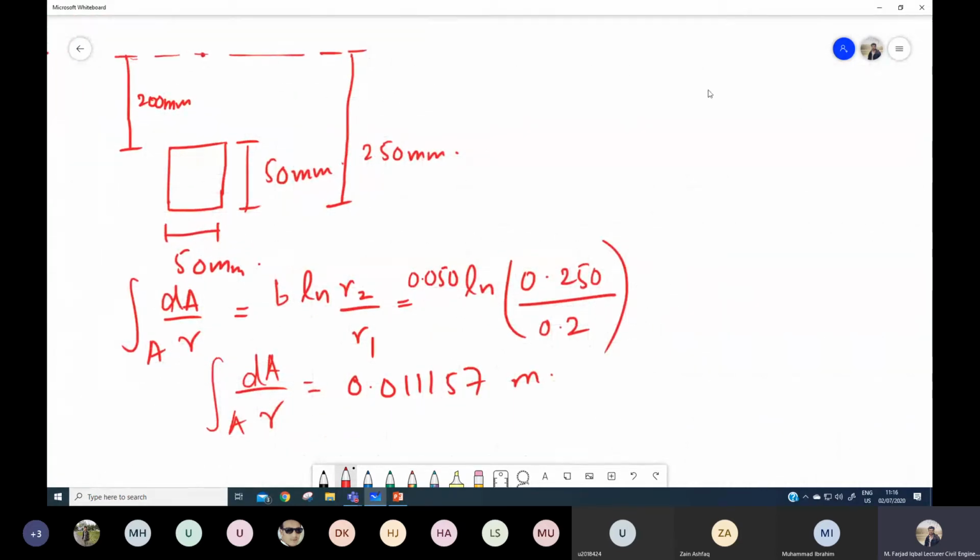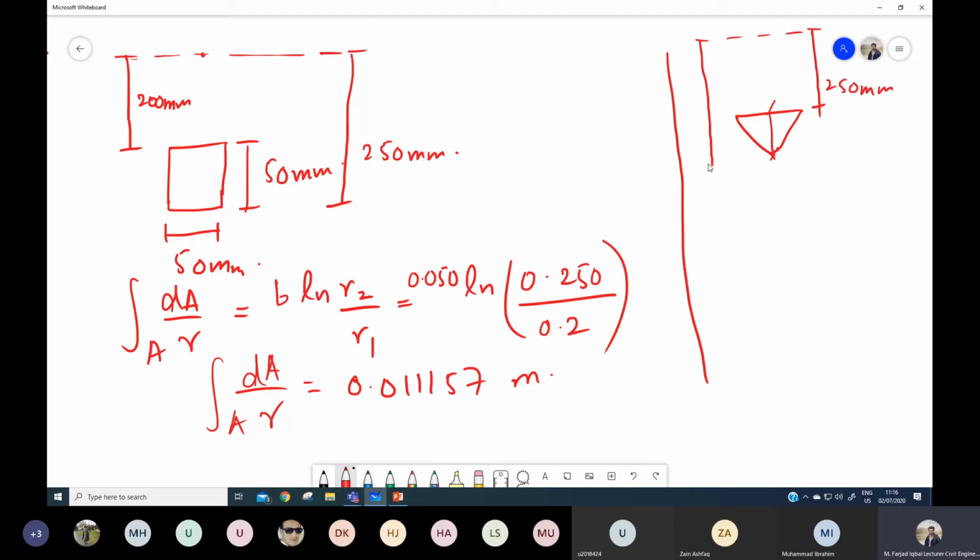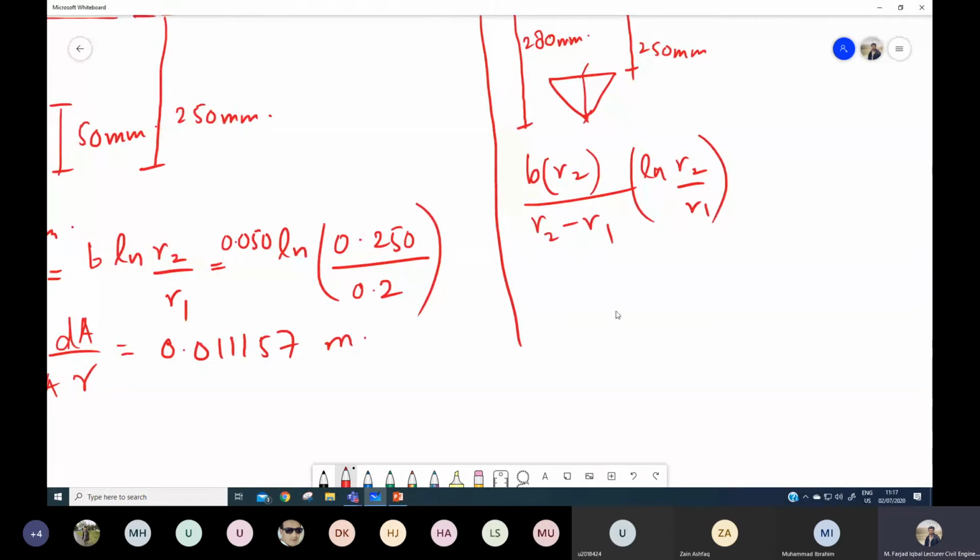Now let's do the same procedure for the triangle. For the triangular shape, the shape is this one, and if this is the center of curvature, we know this distance is 250 millimeter, this height is 30, and R2 will be 280 millimeters. So the formula is b into R2 divided by R2 minus R1, log natural R2 over R1, minus b.